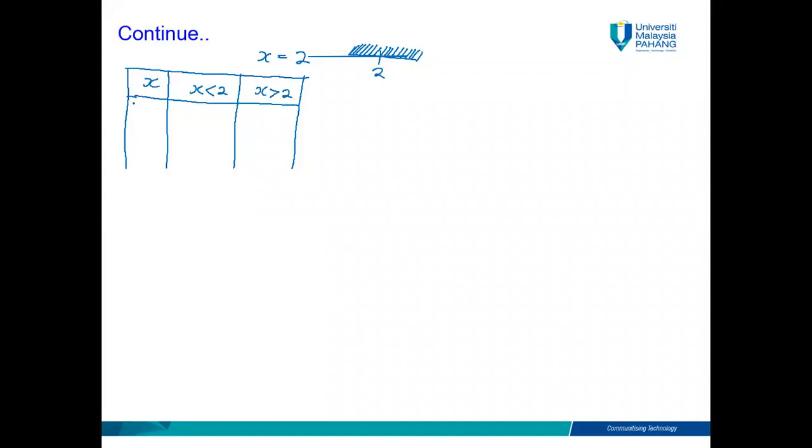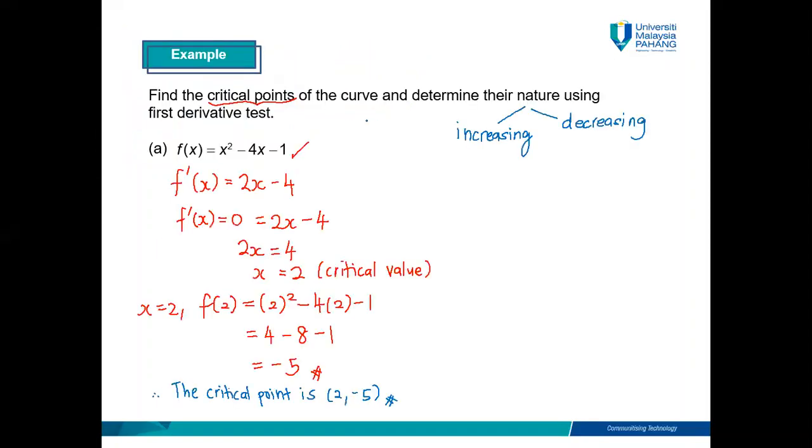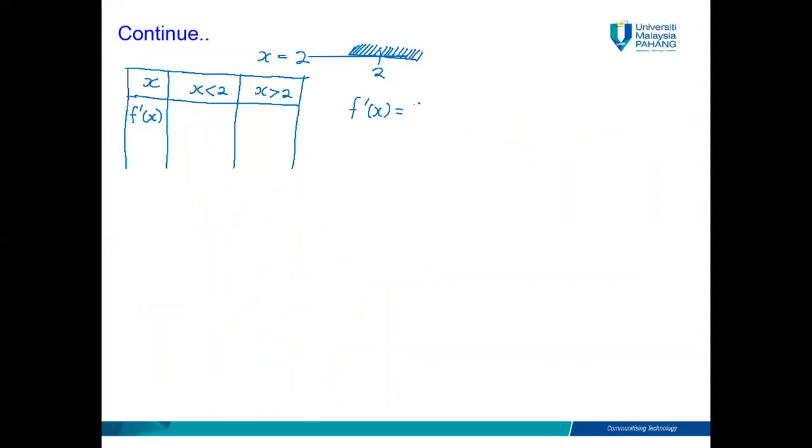So what's next? We want to look at f prime x. What is f prime x? What was f prime x just now? 2x minus 4.